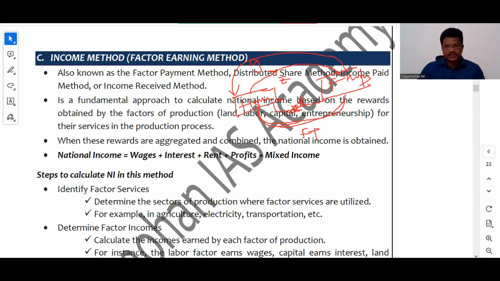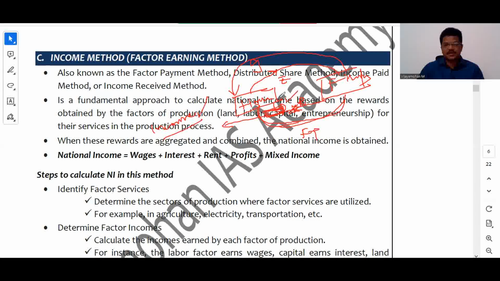If you calculate them, it becomes income. So these rewards from the firms to households become income to the households. If you calculate the national income at this particular point, then it can be called the income method, right?